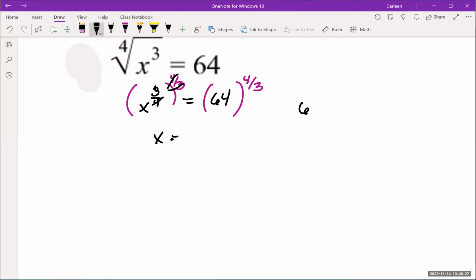So I need 64 to the 4/3 with parentheses. 64 to the 4 divided by 3 is 256.